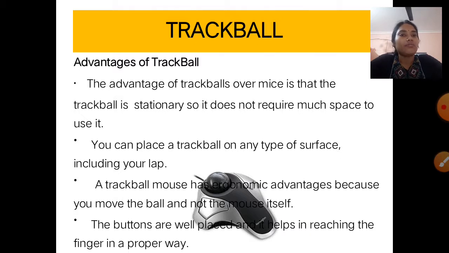A trackball mouse has ergonomic advantages because you move the ball and not the mouse itself. The buttons are well placed and help in reaching the finger in a proper way.